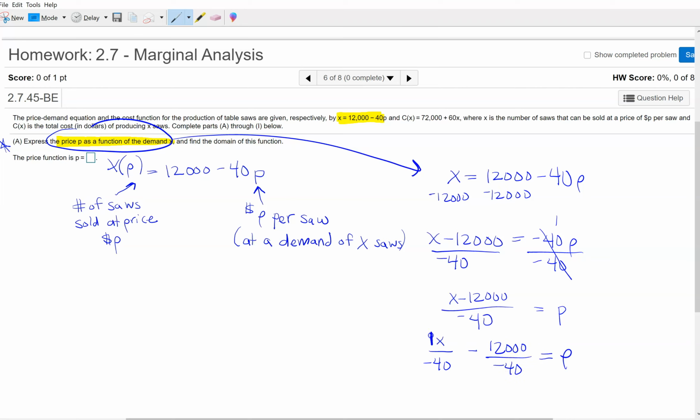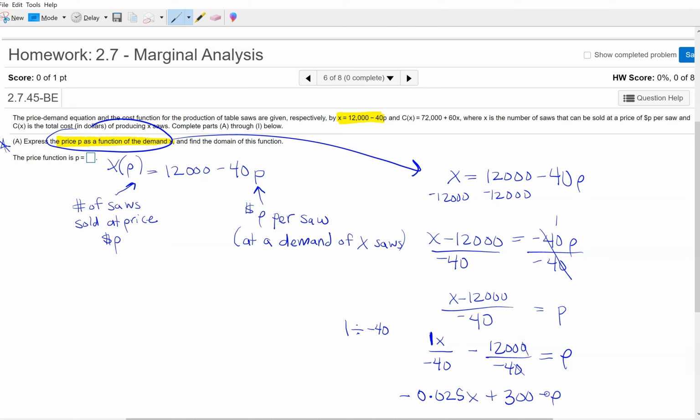And there's an understood 1 in front of that X. So on my calculator, I'm going to type 1 divided by negative 40, and I'm going to convert that fraction into a decimal. And when I do that, I end up getting negative 0.025x. And then I'm subtracting a negative amount over here, so that turns to plus, and that would be 300.